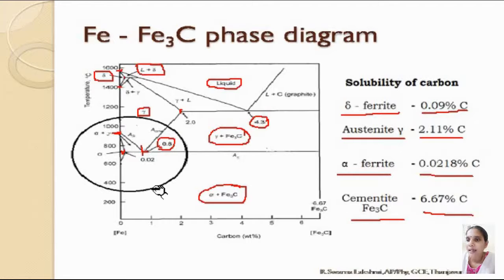The dark circle here shows that today's focus will be in this region of the Fe3C phase diagram. This portion corresponds to the eutectoid composition and the eutectoid reaction, with this horizontal line being the eutectoid line. So let us turn our focus to this region alone.